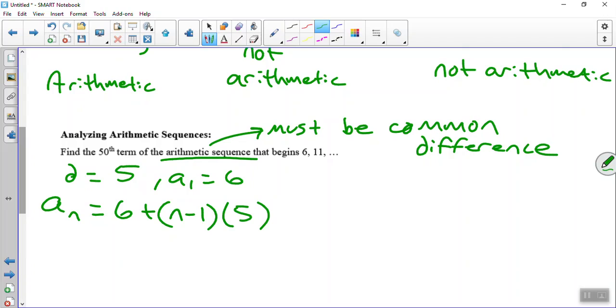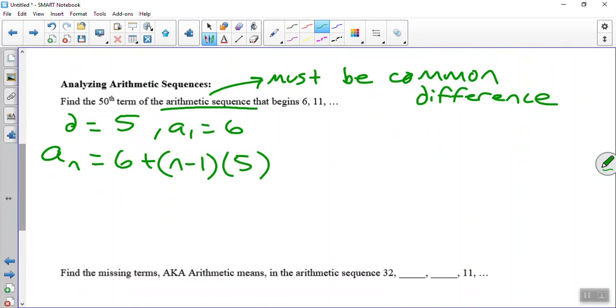All right, so remember, this is an explicit rule, so I can just plug in 50 for n, and I'll get a sub 50. I want to find a sub 50: 6 plus 50 minus 1 times 5.